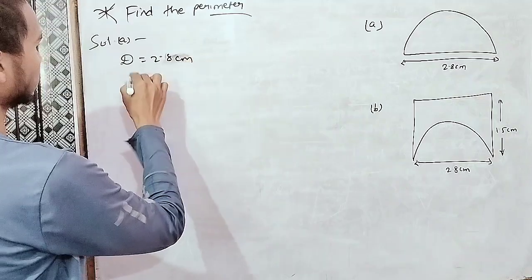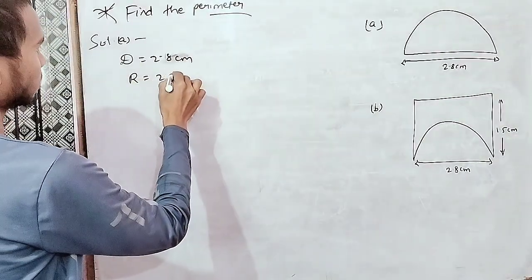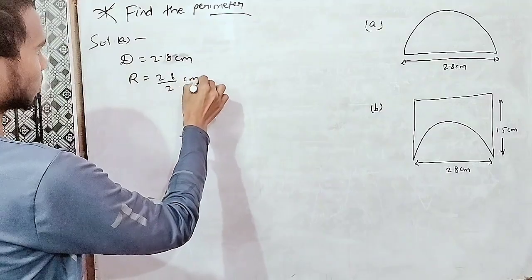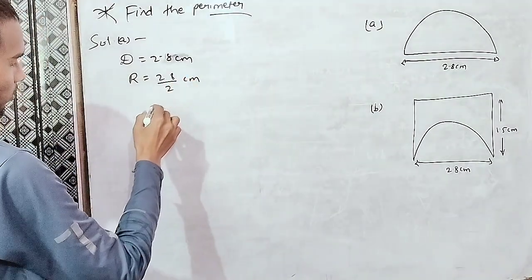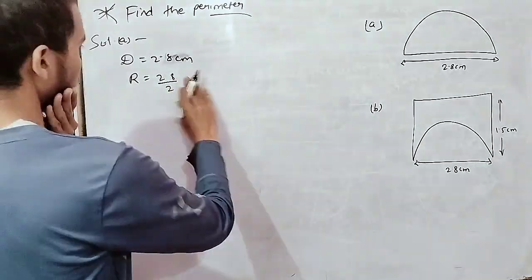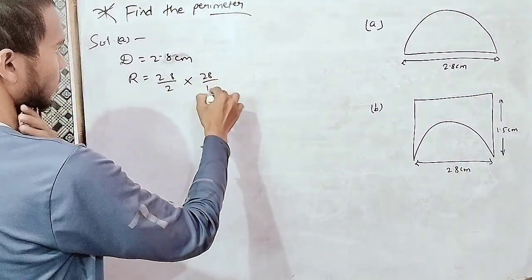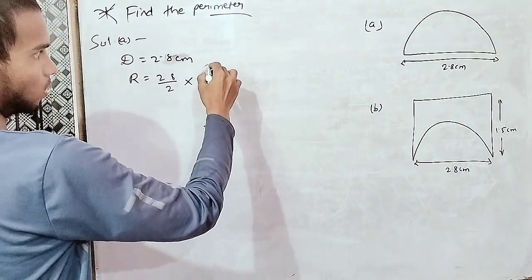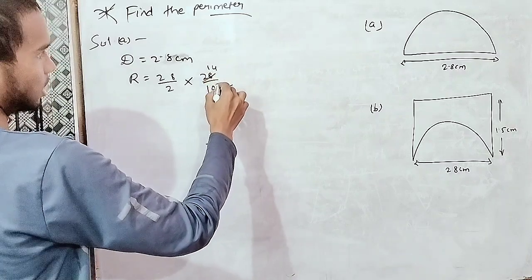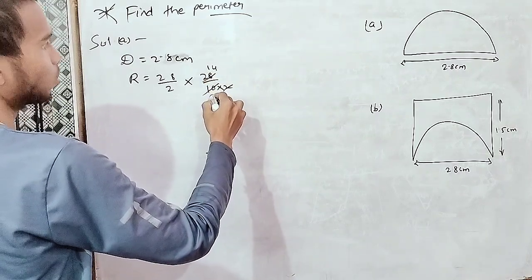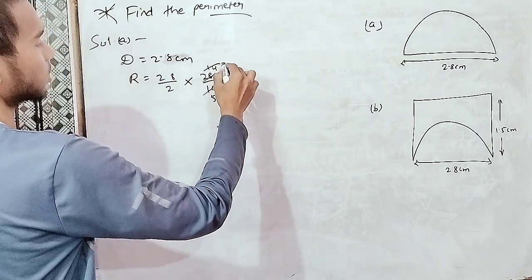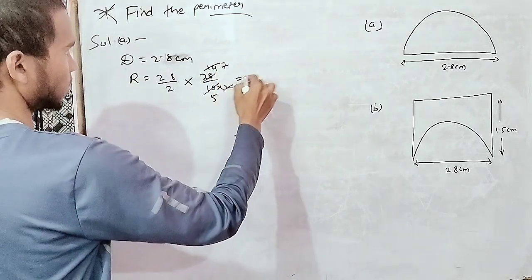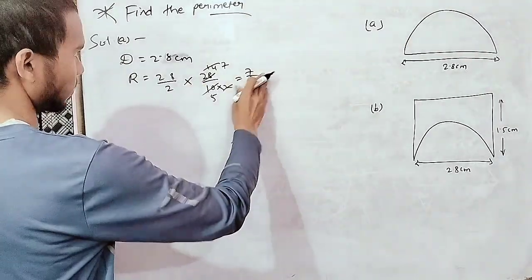This is given. Radius will be 2.8 by 2 centimeter. Then multiply, 2 1 are 2, 2 4 are 8, 2 5 are 7, 2 are 7 by 5.